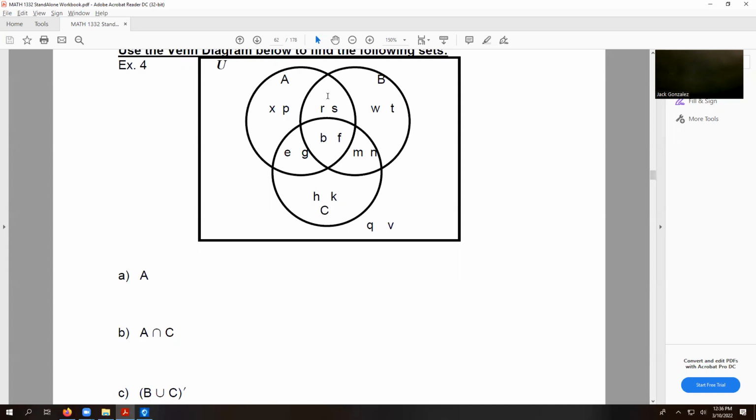Everything inside the A and everything inside the B, just don't repeat anything. So this is A union B: X, P, E, G, R, S, B, F, W, T, M, N.